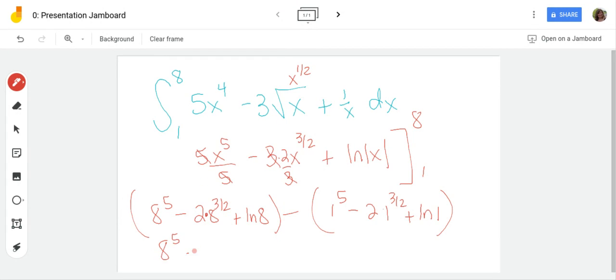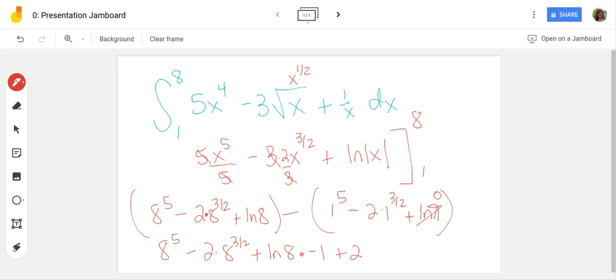So I could leave this answer like this. I could make that a radical if I wanted to, just to show what that equals. Then here it will be minus 1, and of course this is going to be plus 2, and the ln of 1 is 0. So this would probably be the simplest I'd want to make it.